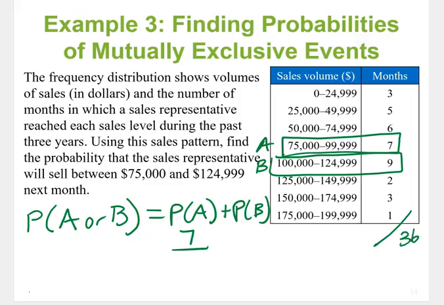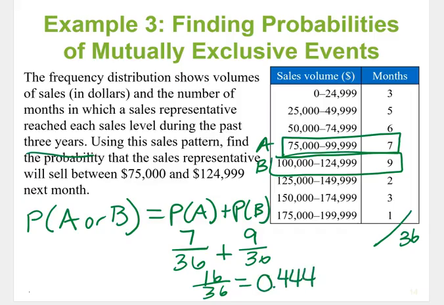And that was 36 months, which makes sense because they're talking about the past 3 years, so 36 months. So 7 plus B, we had 9 months out of the 36. So that gives me 16 out of the 36. Which again, you could simplify to the fraction, but most want you to write it as a decimal. So 0.444.